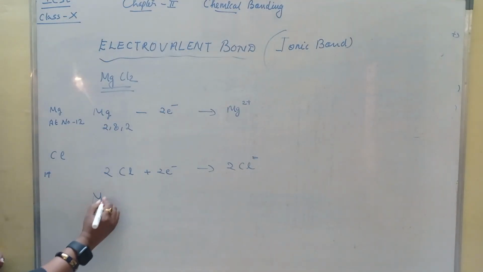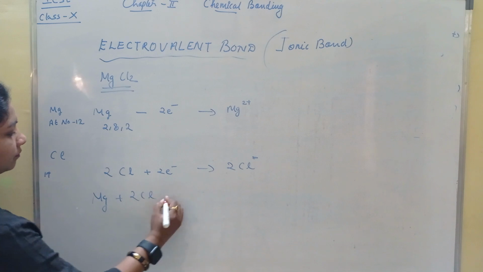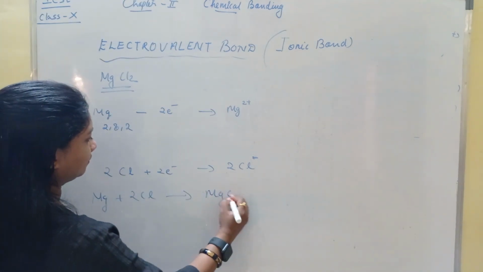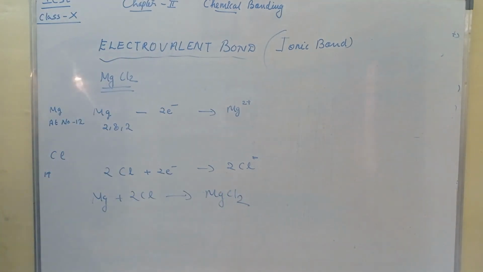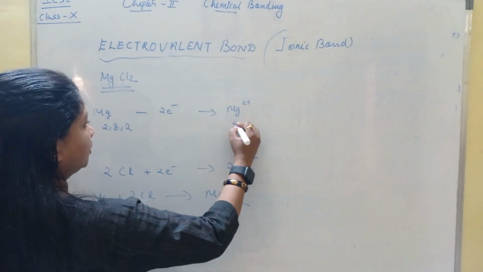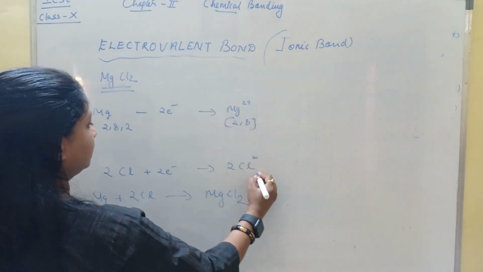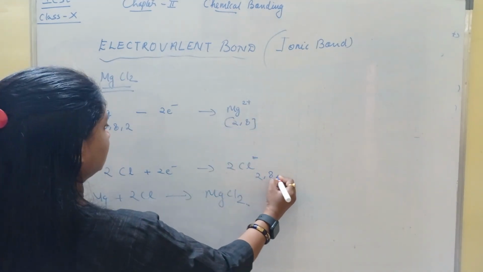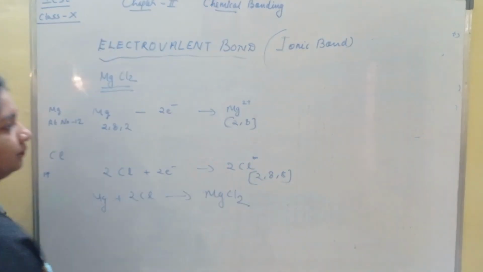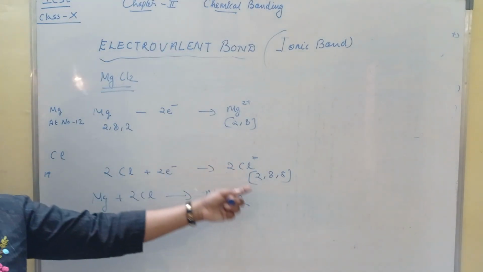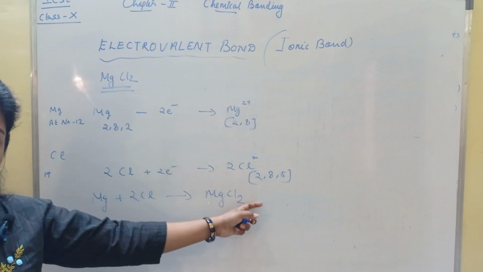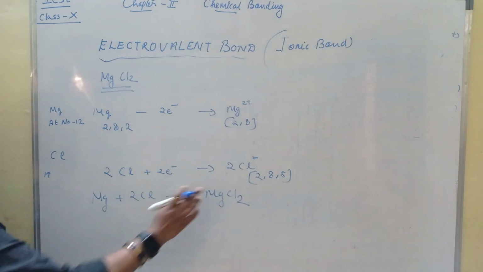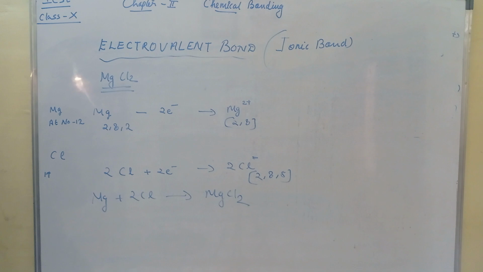They combine. ठीक है. अब इसके पास क्या हो जाएगा? Configuration will become 2 8 and this will become 2 8 8. So stable. This is also stable, this is also stable, and they form magnesium chloride. Okay, clear?